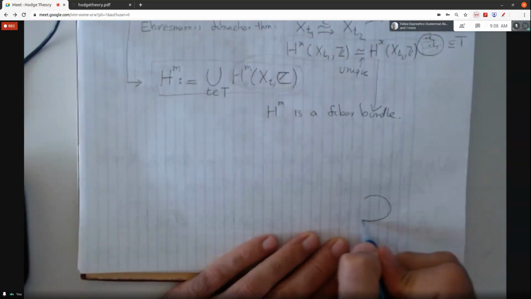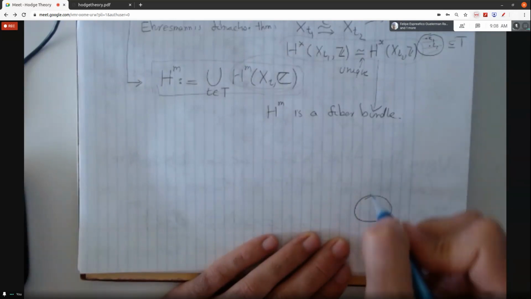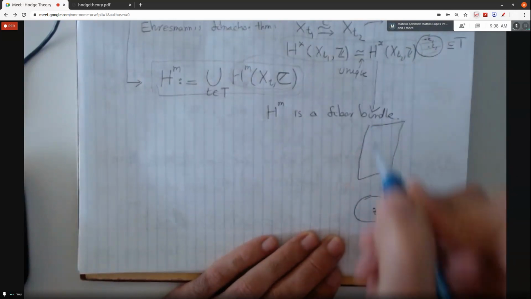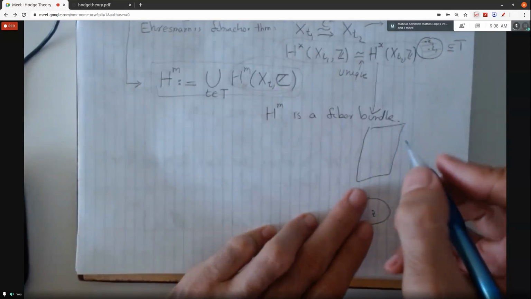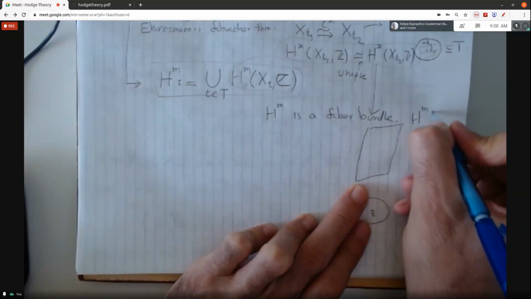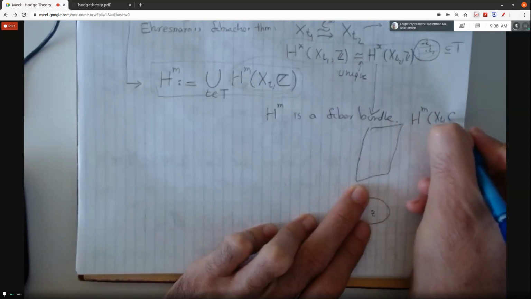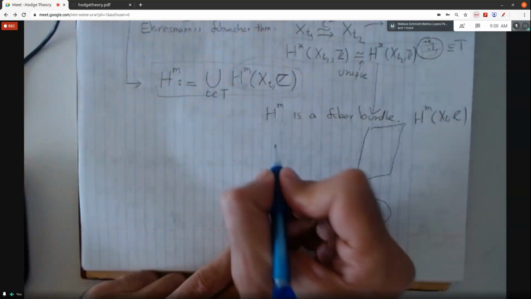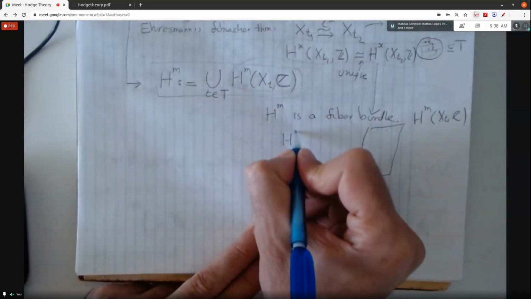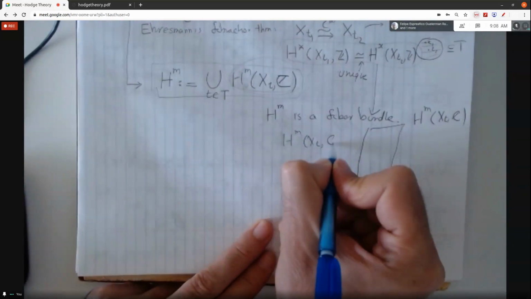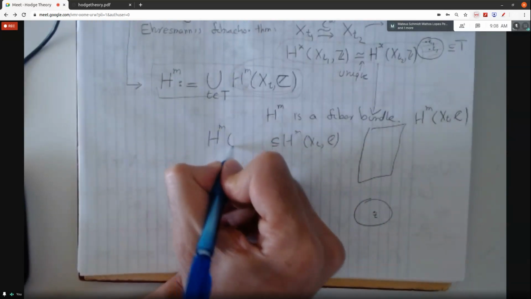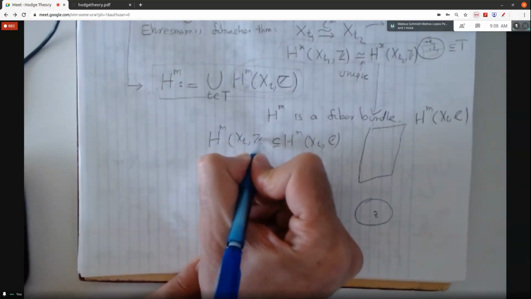So here let's say T, and here I have H^M(X_t, C), and inside it I have this lattice H^M(X_t, Z).